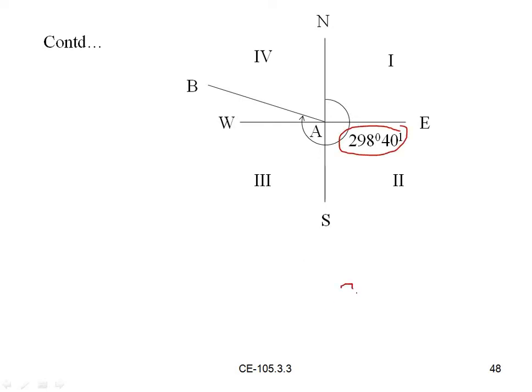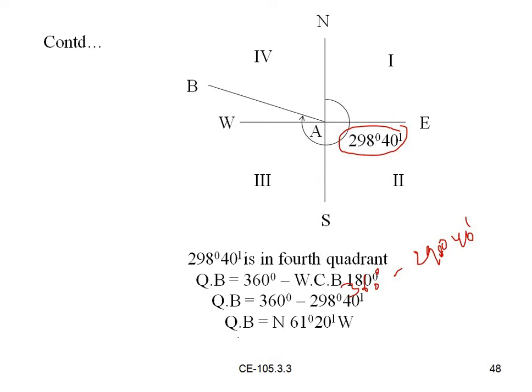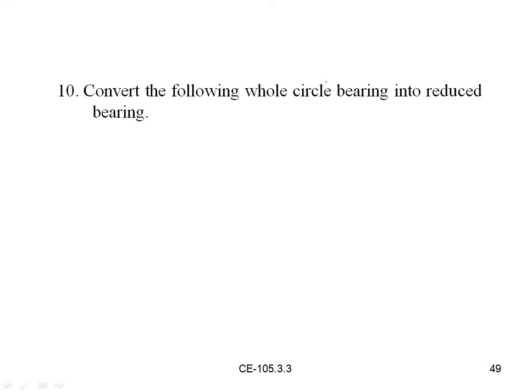With this we have to do directly 360 degrees minus 298 degrees 40 minutes. How much will you get? 61 degrees 20 minutes west, that is in the north and west. So these are the examples, and we can see more in upcoming videos.